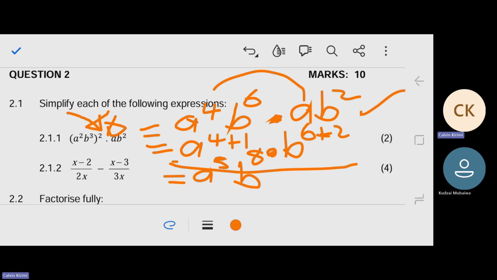But if they are like this, this is a to the power 1, but we don't write it. So a to the power 1 times a to the power 4, you add the exponents. b to the power 6 times b to the power 2, you add the exponents. So your final answer is a to the power 5, b to the power 8.